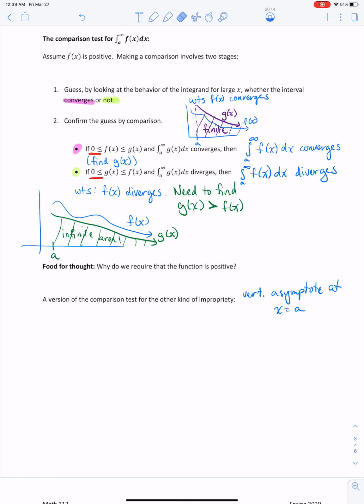I'm going to go ahead and draw the cartoon of what happens here. If we have a and b here, I have a function f of x, and then I'm going to draw another function here.